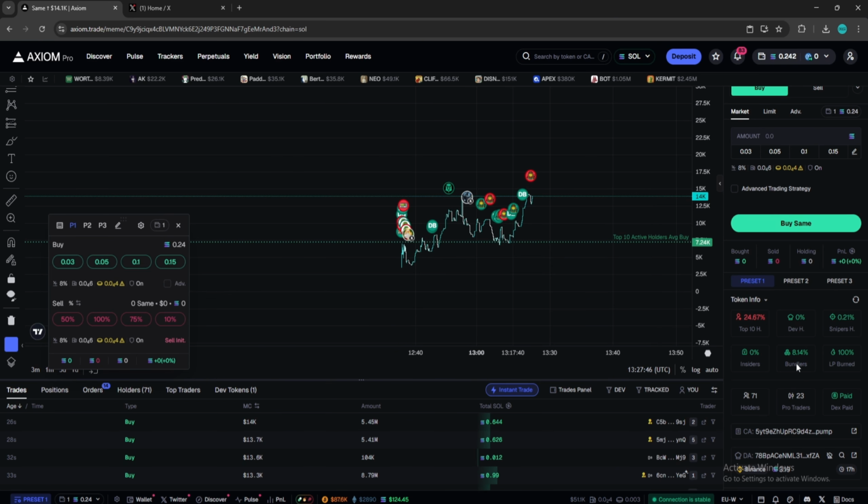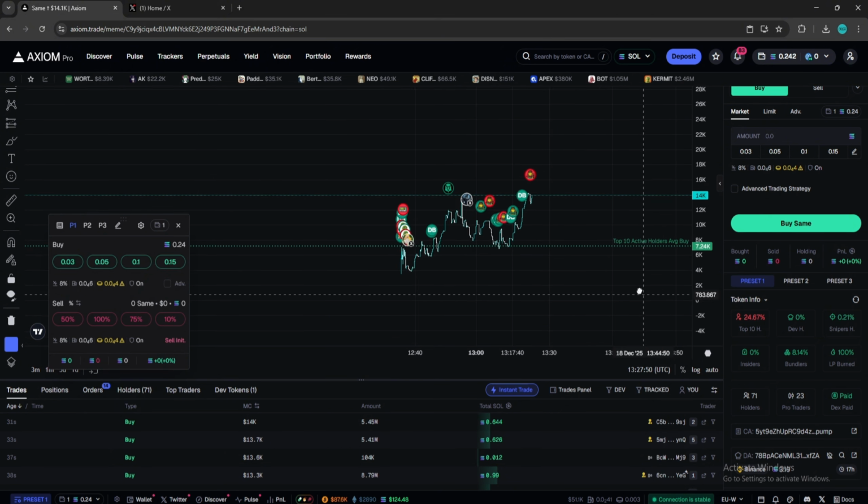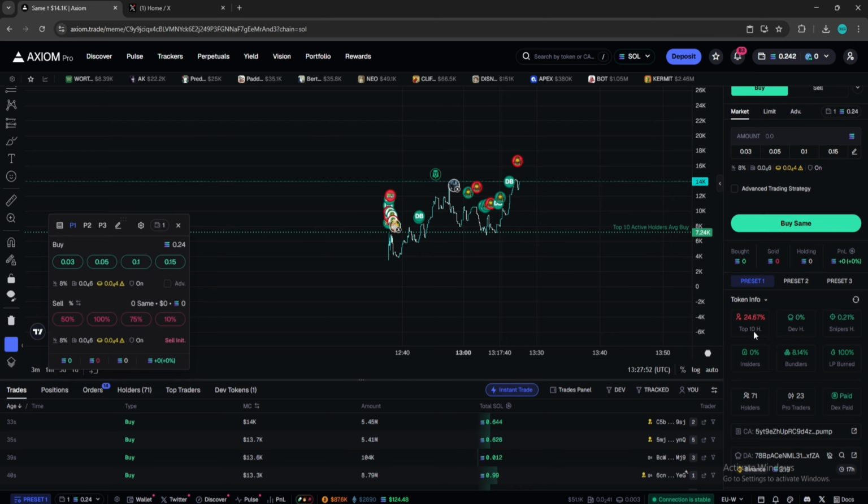Anything above 30% is a red flag. It doesn't directly link to the top 10 holders, but it kind of does. It's just a load of wallets connected together to hold more supply.